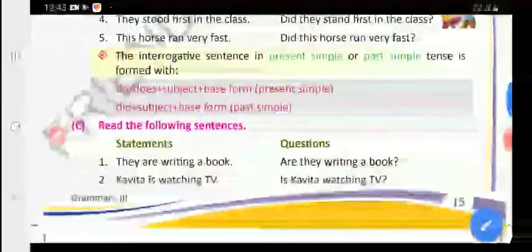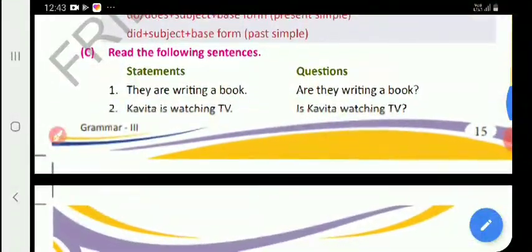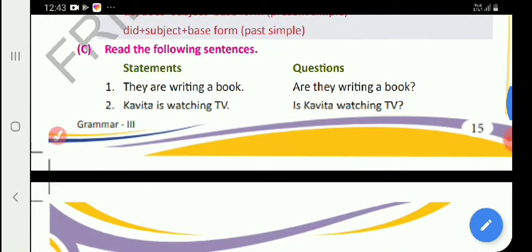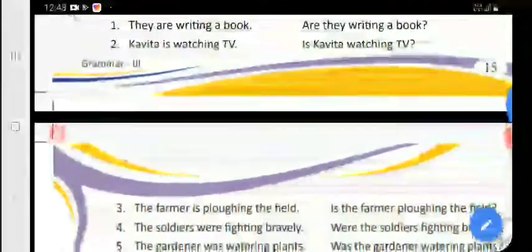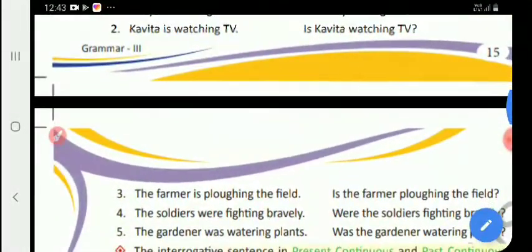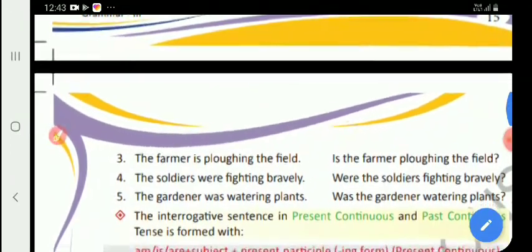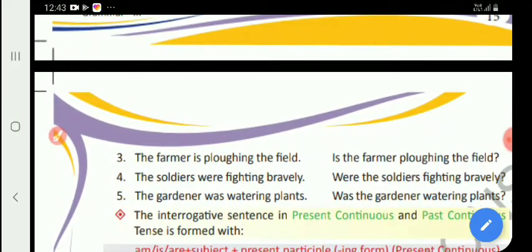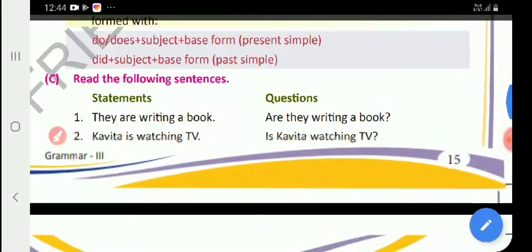Now let us go to the next exercise. Read the following sentences. They are writing a book. Kavita is watching TV. The farmer is plowing the field. The soldiers were fighting bravely. The gardener was watering plants. And on the opposite side, how to make the questions?